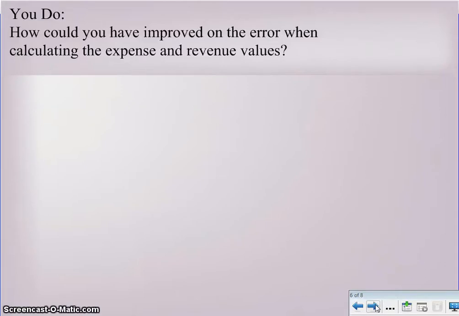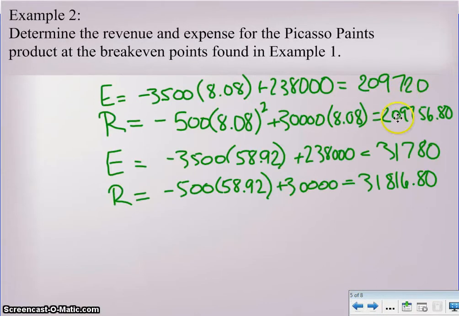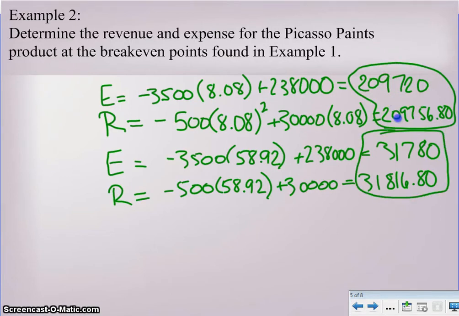Okay, how could you have improved on the error when calculating the expense and revenue? So what it's saying is, how could we have gotten these amounts to be more exact? As we're coming out with the price, when you calculated it into the calculator, we rounded it to the 2 cents because that's how we usually do.